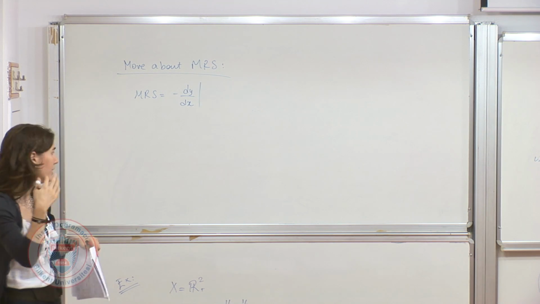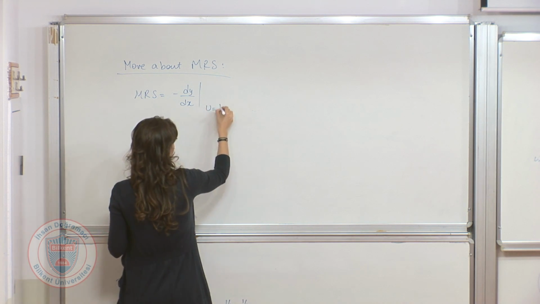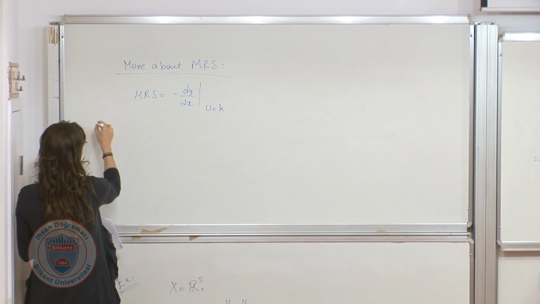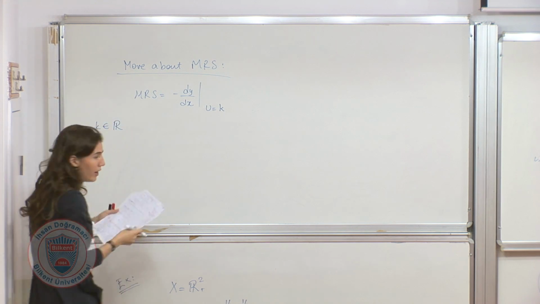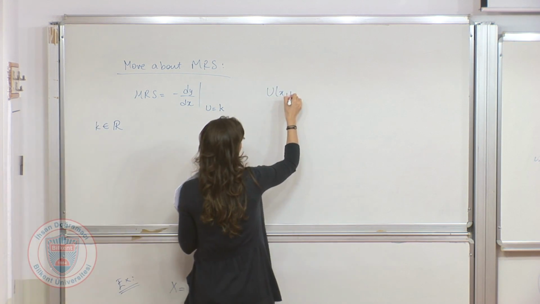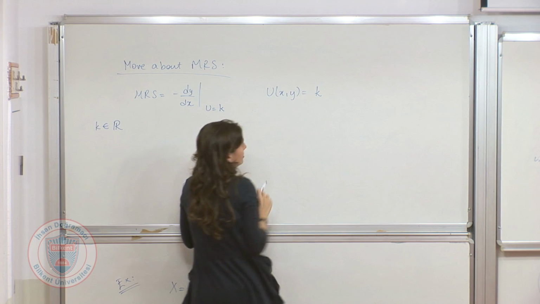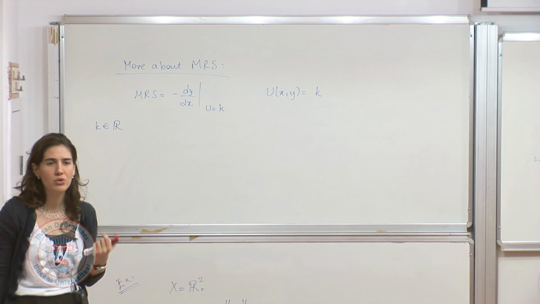So we were keeping the utility level at some level k, where k is an element of R. Suppose I have this u of xy. This is my indifference curve, right? I know that the marginal rate of substitution is what?